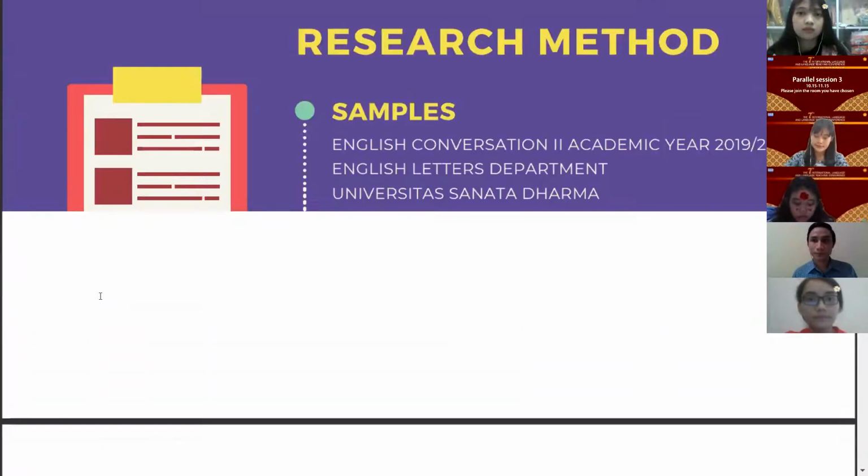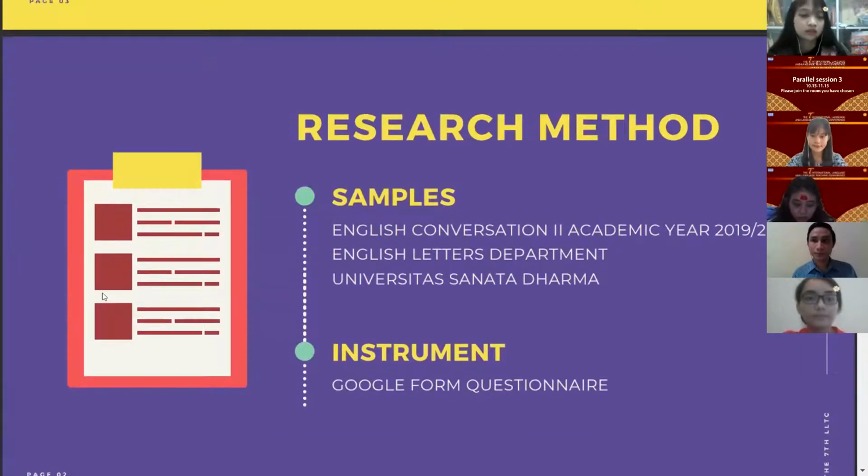And the method of our study. In investigating this issue, we used a Google Form questionnaire as the instrument to summarize and also to measure the attitudes and opinions of the students toward the implementation of e-learning and the use of LMS in the conversation class. It was done in the last semester, the even semester of the academic year 2019 and 2020.